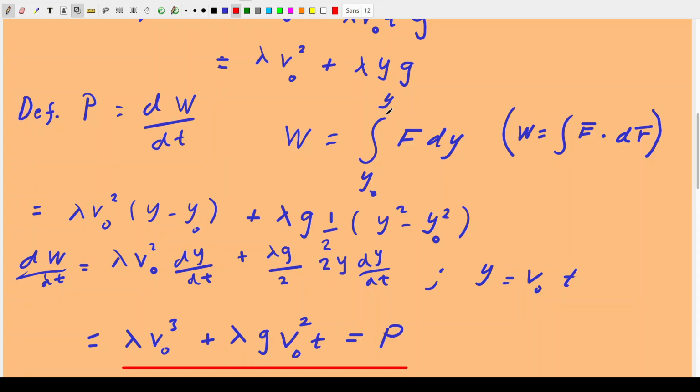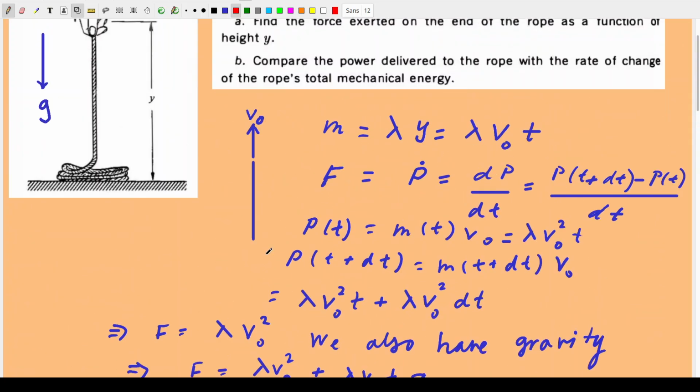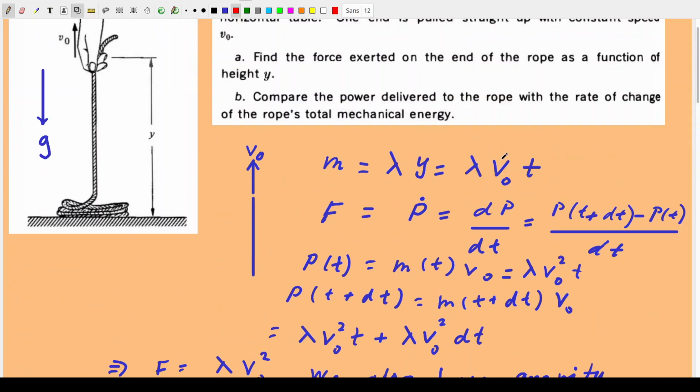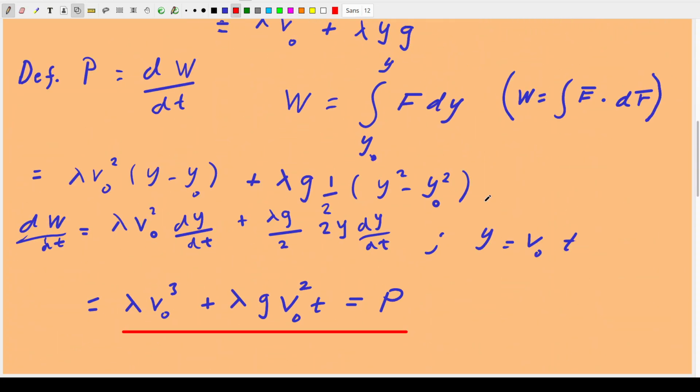Y is not a constant. It could be any y that we like, so we cannot treat that y as a constant. So we get this, and what is dy dt? Since y equals v naught t, dy dt equals v naught. So this is how we get this. This is the power.